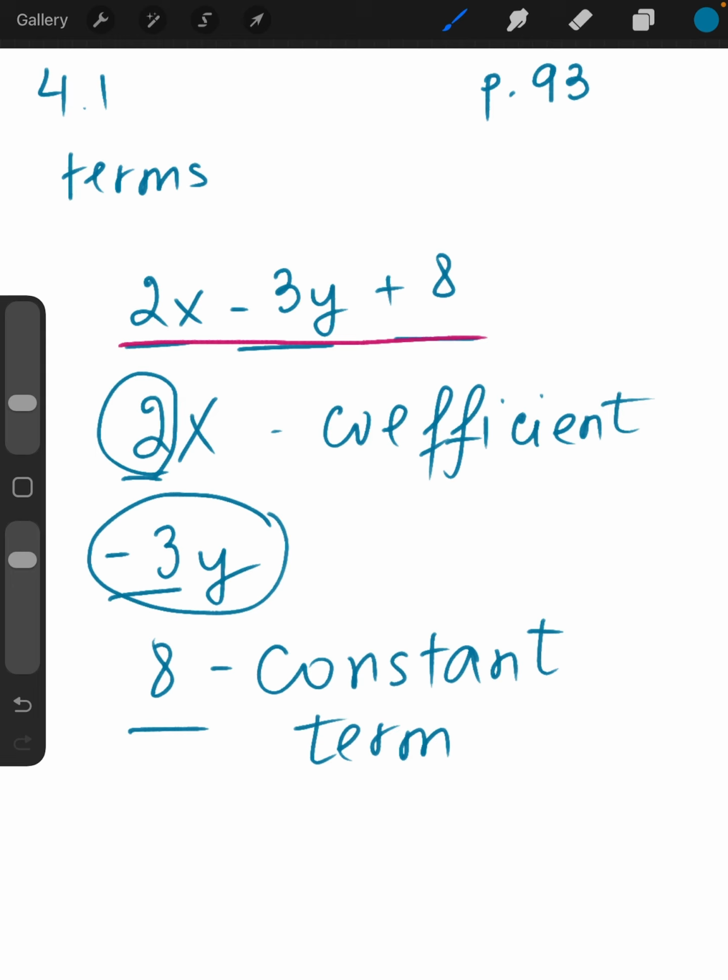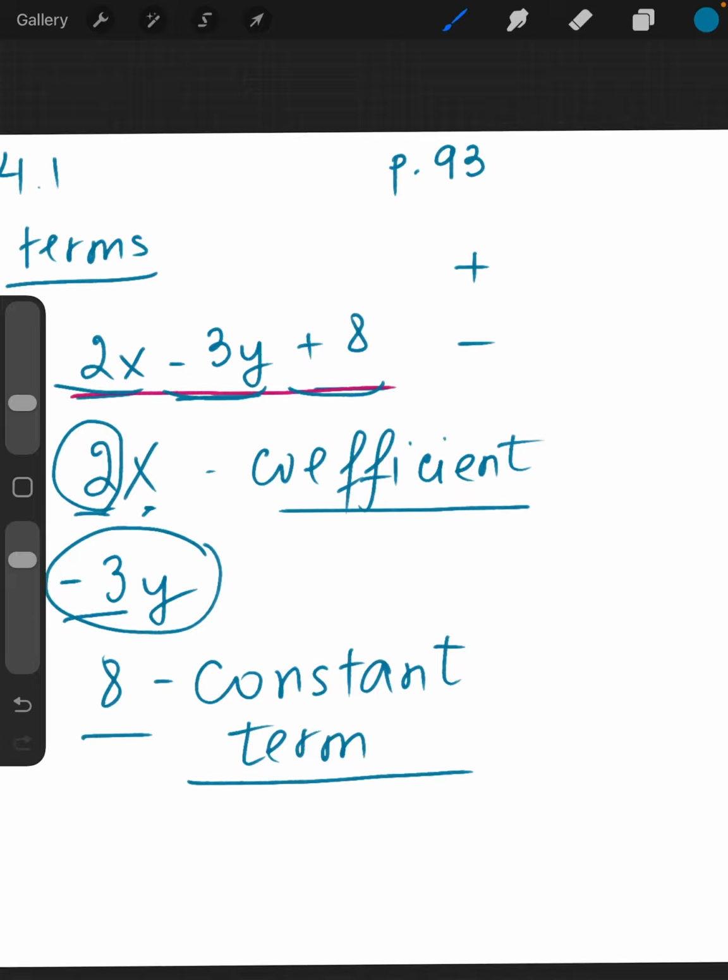First we learned the word terms, so parts of the algebraic expression separated by plus or minus signs only, right? Then we learned the word coefficient, for numbers attached to variables. And we learned the word constant term for numbers without variables, right? They're constant, they won't change.